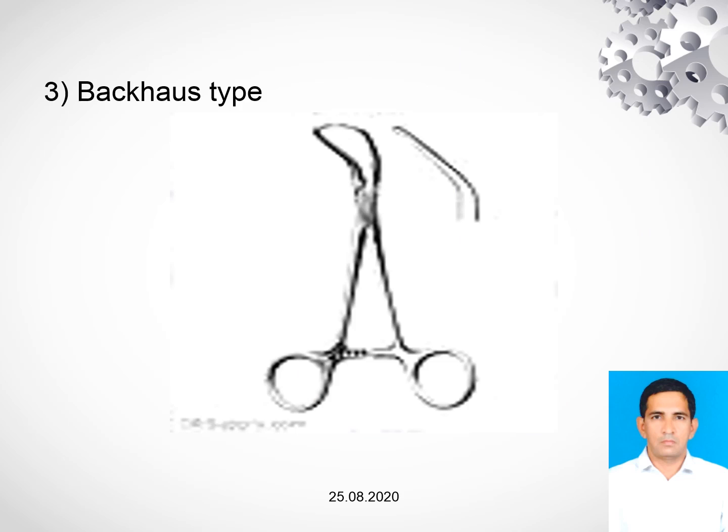Backhouse type. Backhouse towel clamp. The Backhouse towel clamp is a perforating clamp used for grasping tissues, securing towels or drapes and holding or reducing small bone fractures.